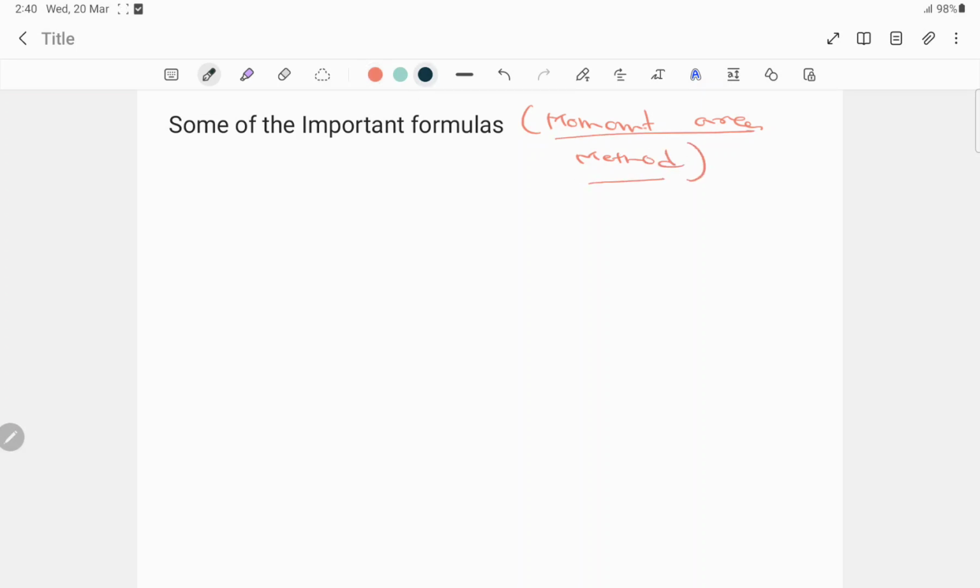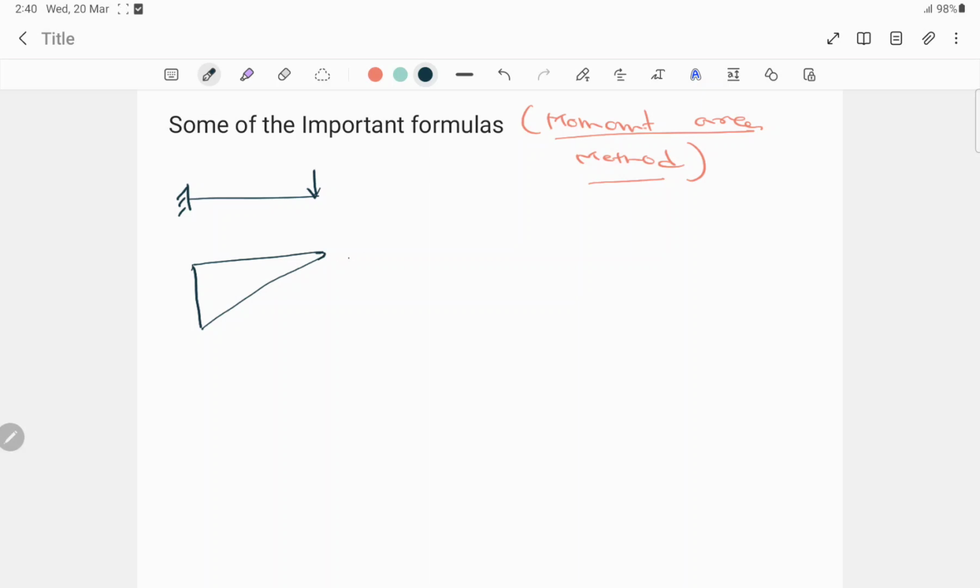So suppose it's a cantilever beam and one load is acting at the end. So the bending moment diagram for this cantilever beam will be like this, right?